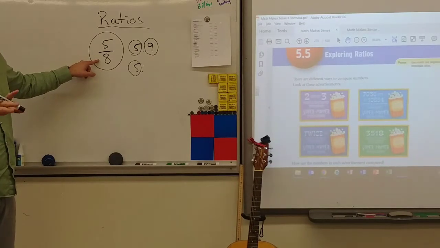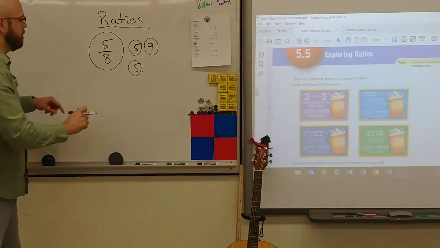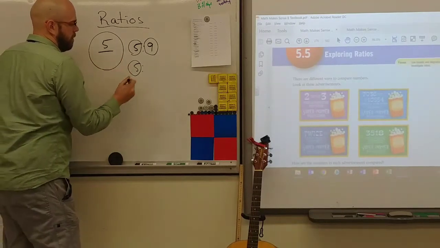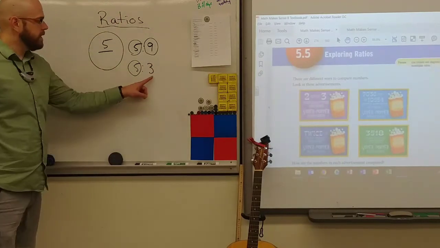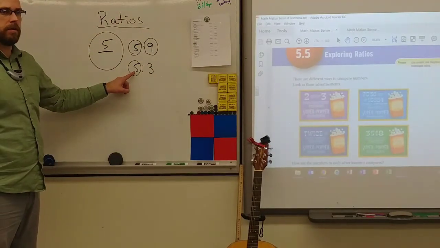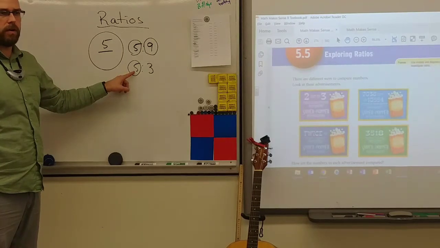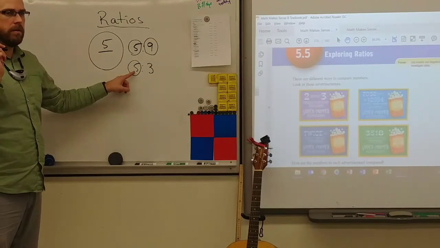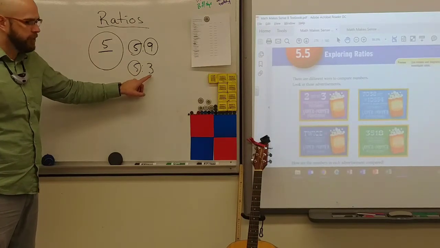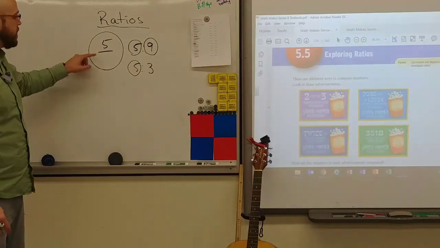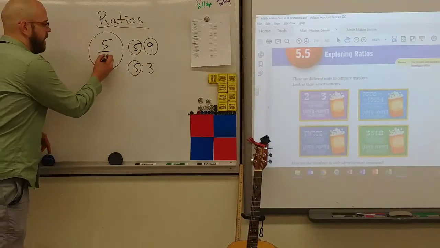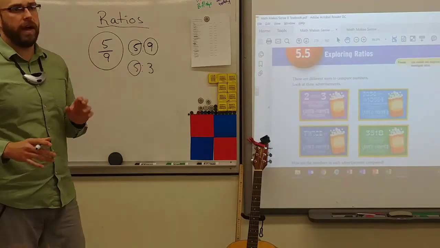They're close to each other, but it's a completely different number. Well then, I guess the boys would go down to this. Did that completely change this number? No. There were 5 girls before, 1 boy went out. There's still 5 girls. I can change part of a ratio without changing the other side. But if I change the top or bottom of a fraction, it completely changes the whole fraction.